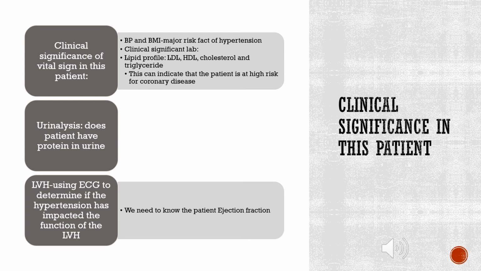We really want to monitor BUN and creatinine periodically with this patient, and we want to monitor hyperkalemia because that can impact the heart. We also want to monitor the patient's blood pressure, obviously, to make sure that it's having an effect on the patient.